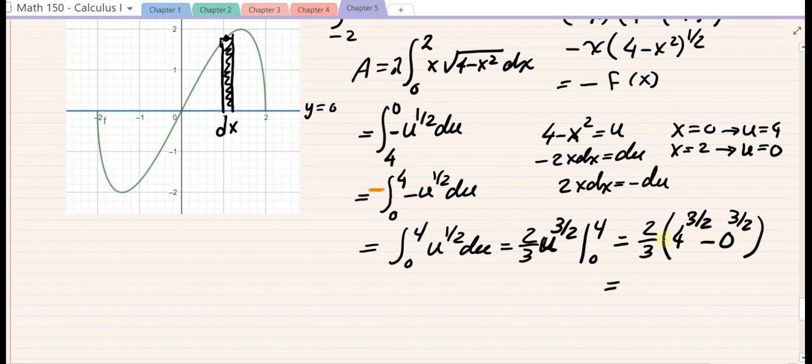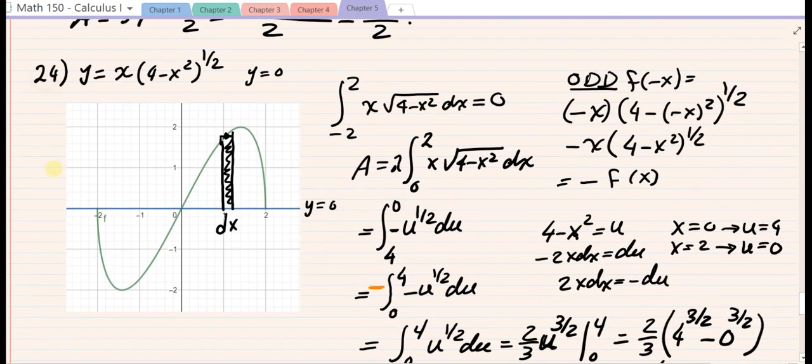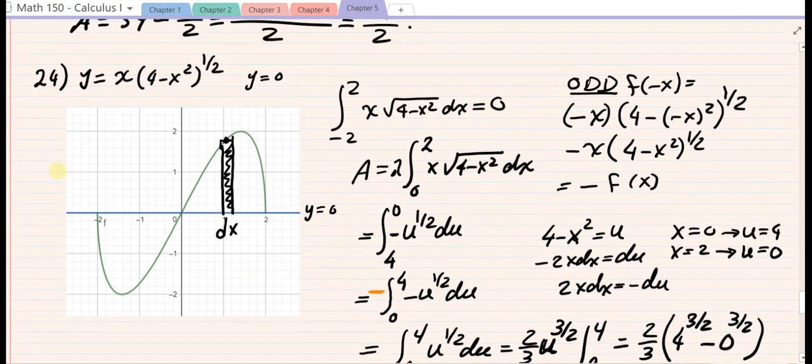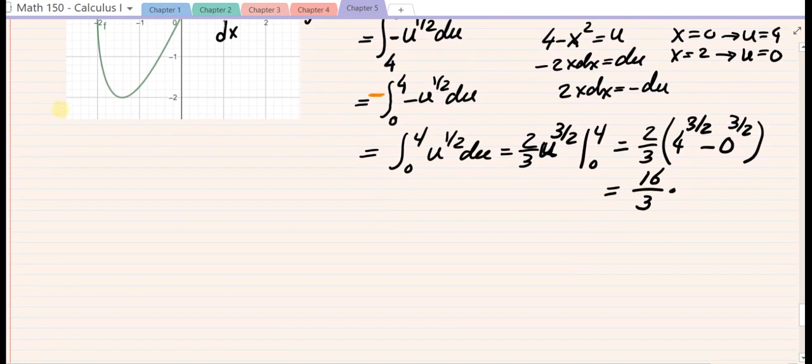Now 4 to 3/2, that's square root of 4 cubed. 2 cubed is 8, so that's simply 16/3. And there we have the area found relatively easily. Using vertical rectangles is definitely the option for this one.